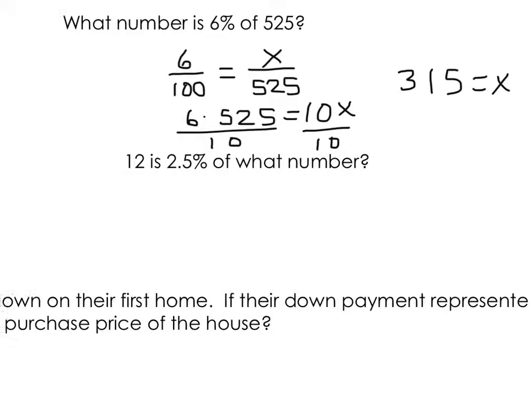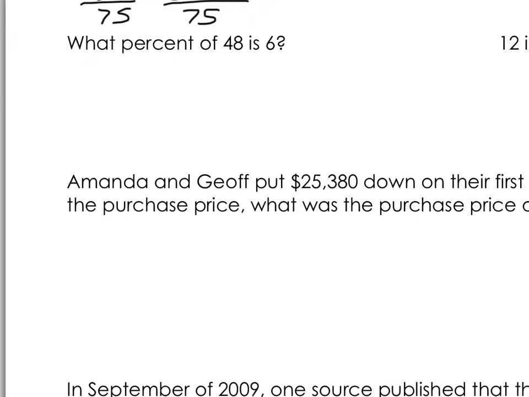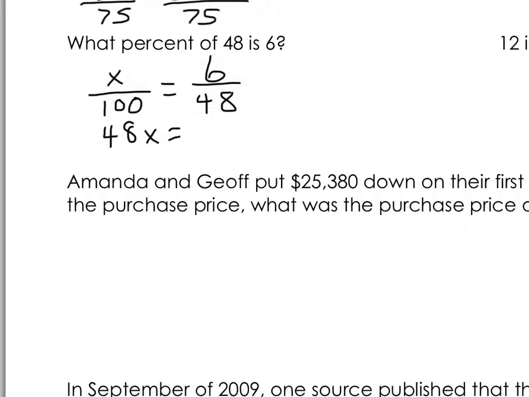Let's solve the next problem. What percent of 48 is 6? What percent? That's what we're missing. That's what we don't know. So x over 100 of 48 is 6. Let's solve for x. Cross multiply. 48x equals 600.